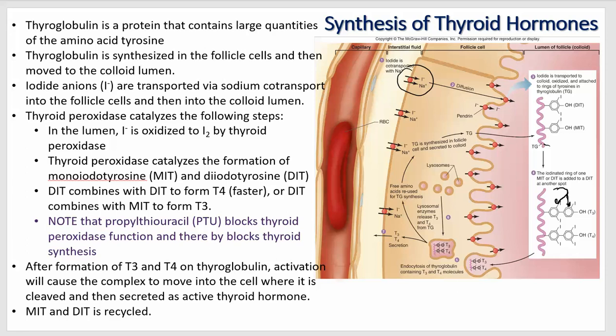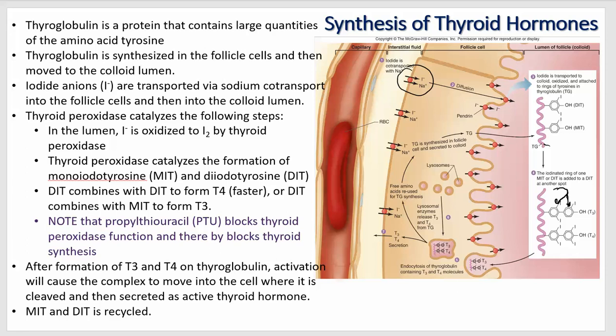Because there is a very useful drug called propylthiouracil that blocks thyroid peroxidase function. Okay, so it kind of replaces some amino acids in there, makes it so the thyroid peroxidase doesn't work, and thereby blocks thyroid synthesis.